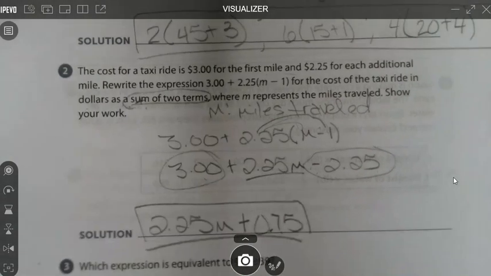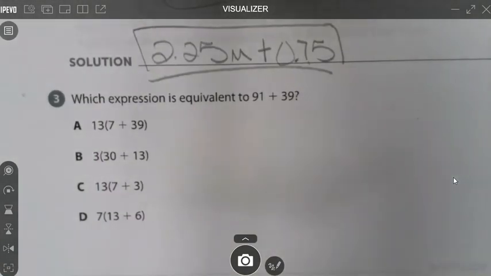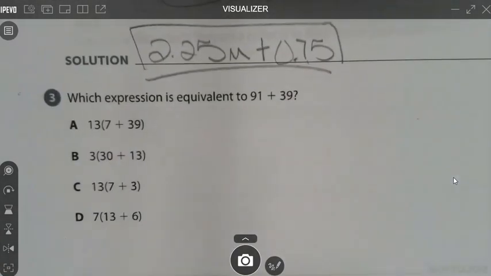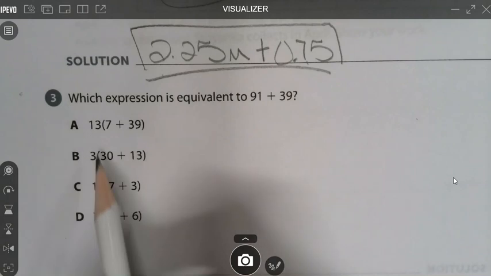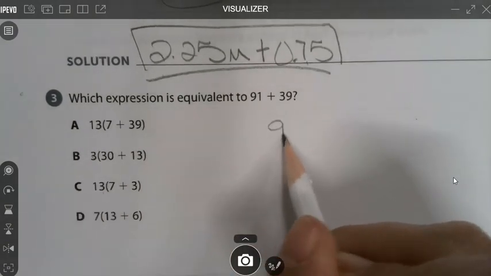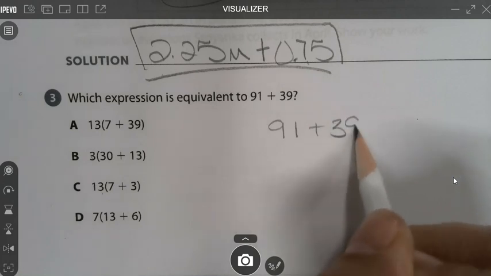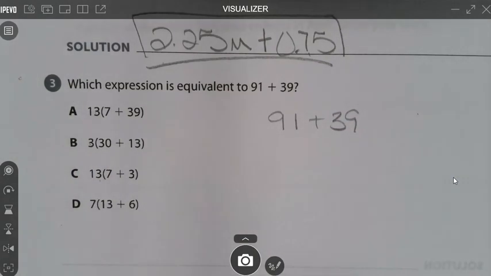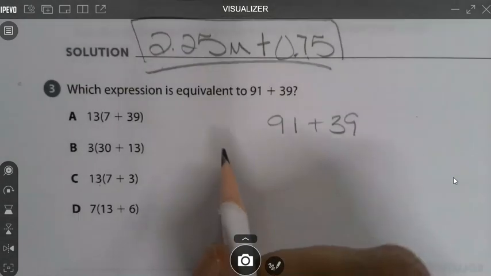All right, number 3. It says, which expression is equivalent to 91 plus 39? Well, over here, it just shows they have a common factor that was pulled out of both of them. So rather than creating your own, just look at what they have.